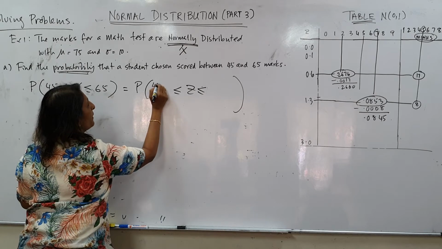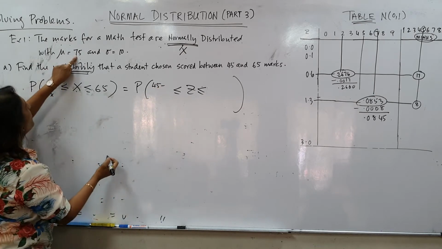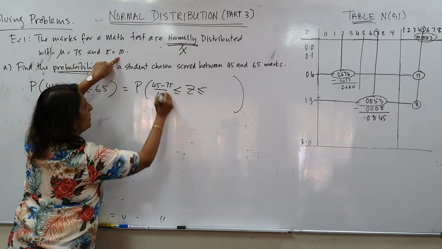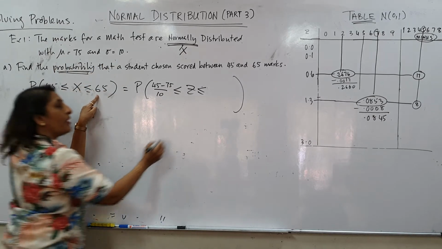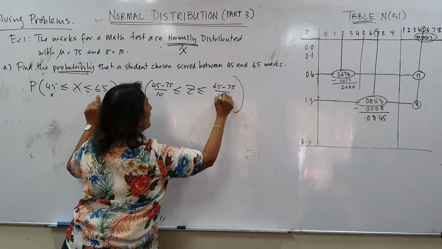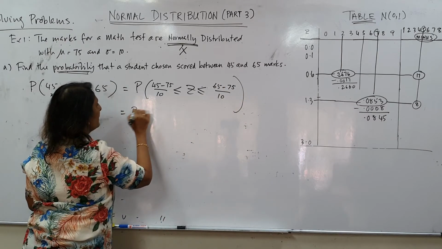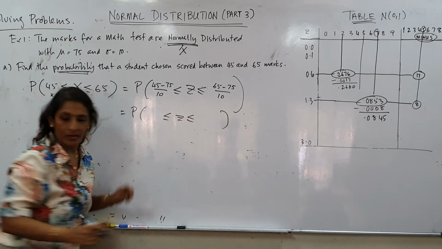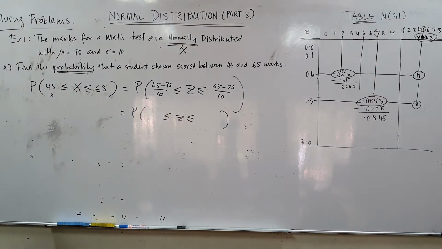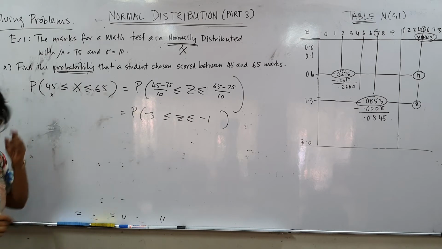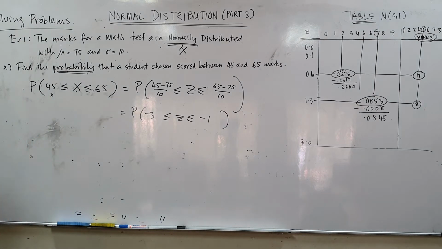So it's 45 minus mu 75 over sigma, and the other side is 65 minus 75 over 10. You calculate, and we give you the value. It's -3 and -1.